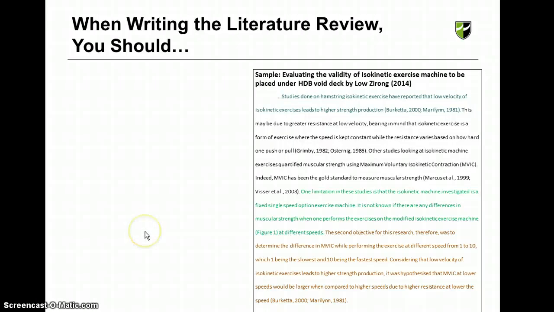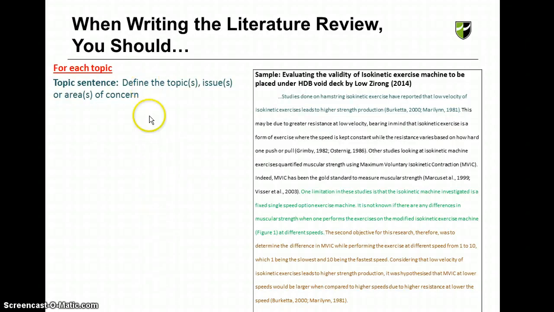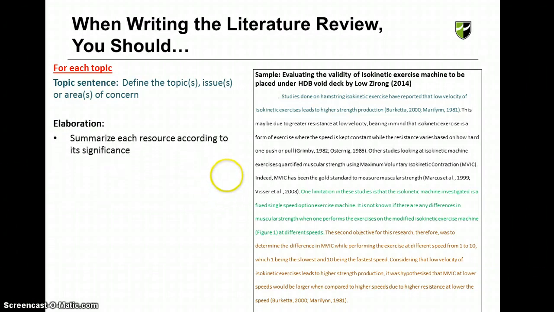Here are the key aspects that you should have in your literature review for each topic. Now for each topic, please make sure you have a topic sentence. What is a topic sentence? If you look at the part that is in blue, it sort of introduces what the whole topic is about. And then you should have the elaboration part. Now what do you do with the elaboration?